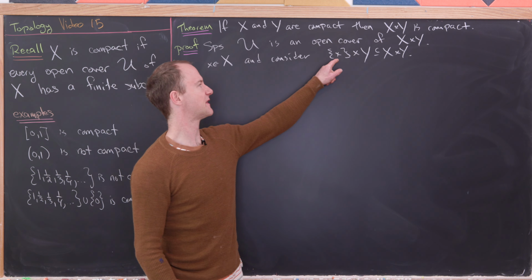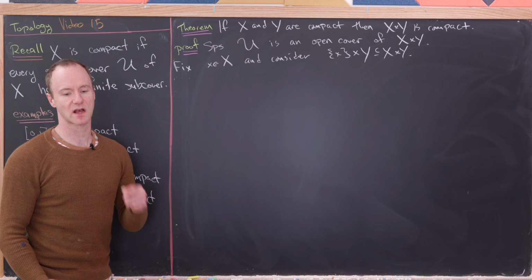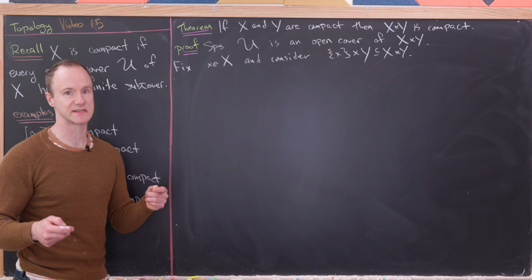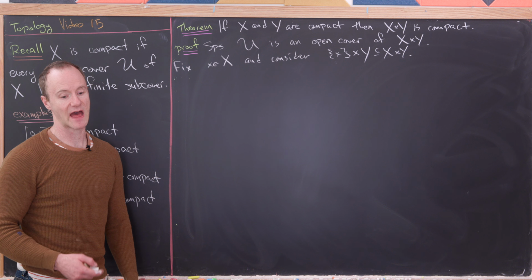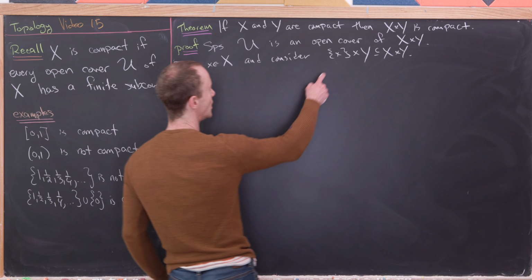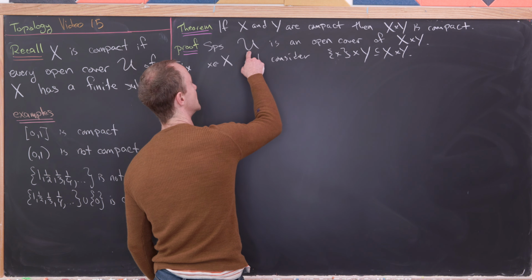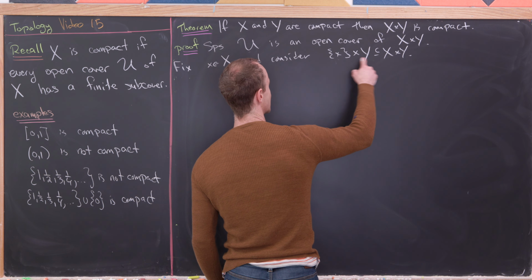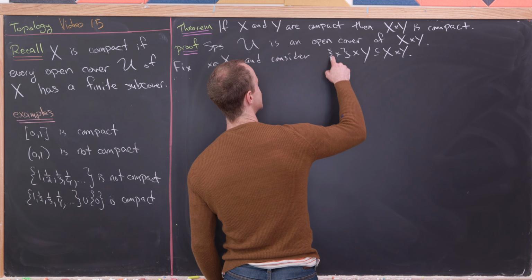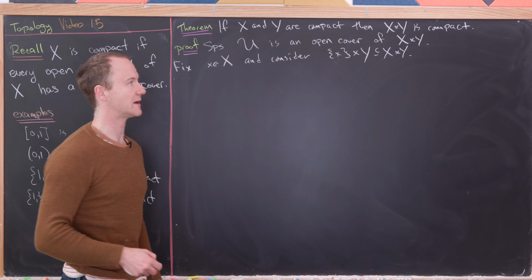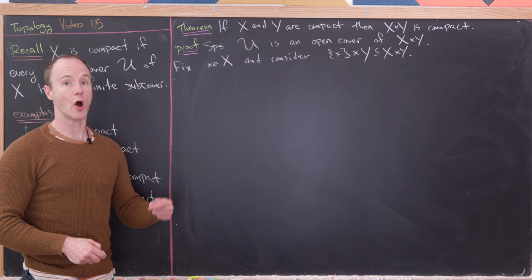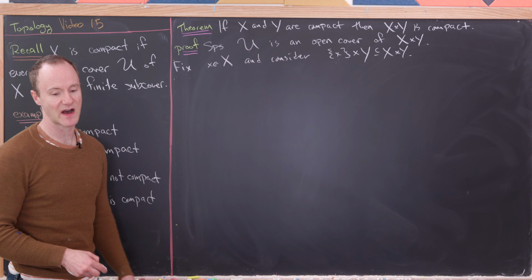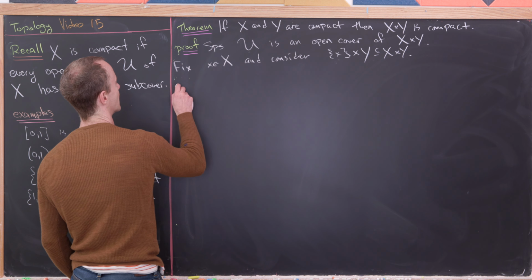Now let's notice that this singleton {x} cross Y is compact, just like it was in our previous theorem. We can use the same argument for that as well. Let's also notice that since U covers all of X cross Y, it most definitely covers this singleton {x} cross Y. But then we've got an open cover of a compact set, which means we can find a finite subcover.